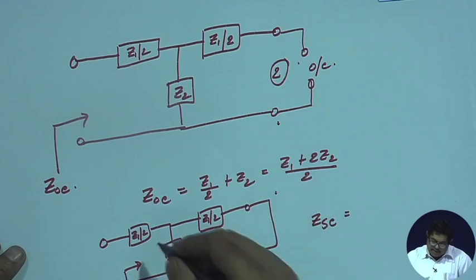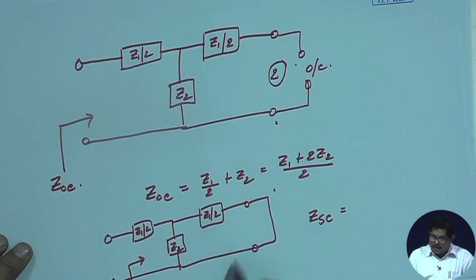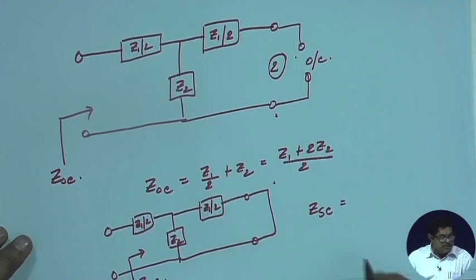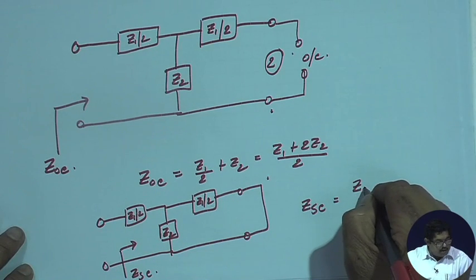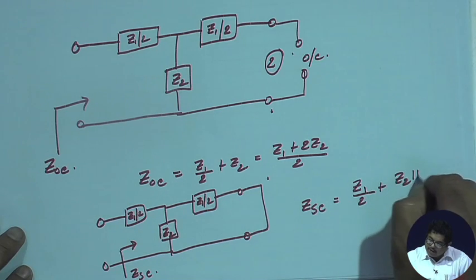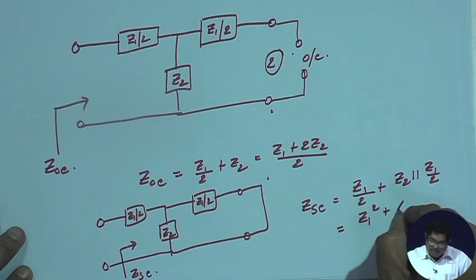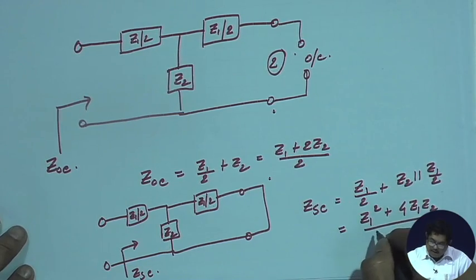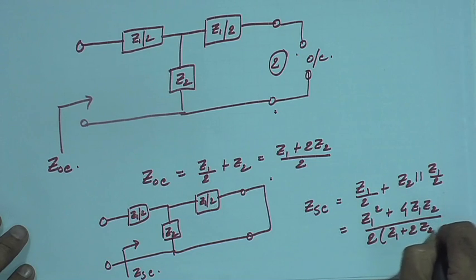You can easily see it is Z1 by 2 plus Z2 parallel Z1 by 2, and that is equal to Z1 square plus 4 Z1 Z2 by 2 Z1 plus 2 Z2.